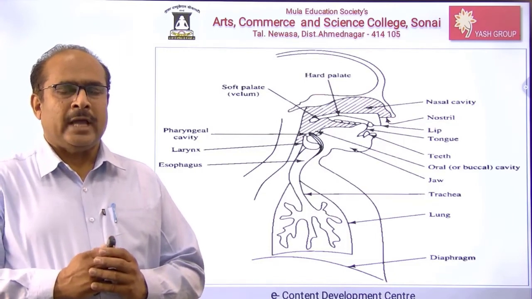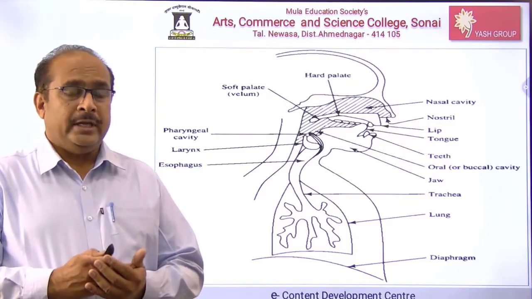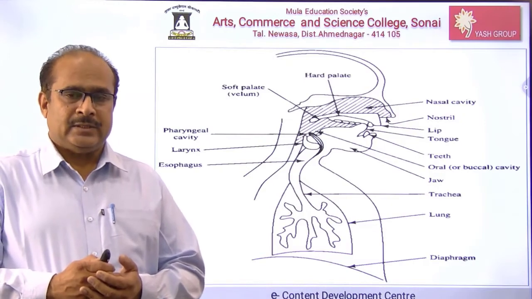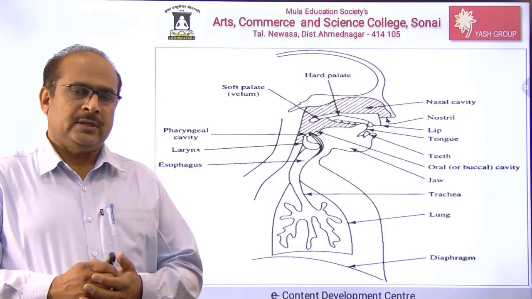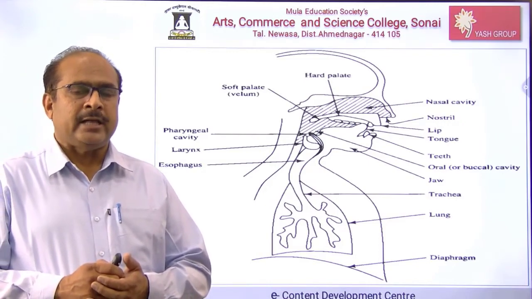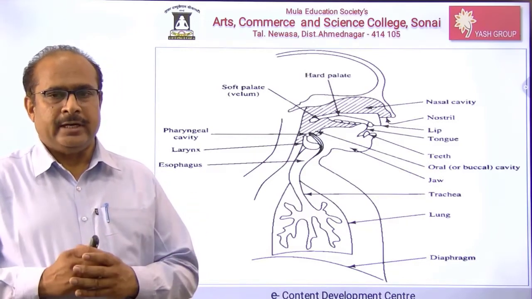Larynx is also known as Adam's apple. This part of our body is called Adam's apple, or larynx, where we find two thread-like elements. They are called vocal cords, and vocal cords are like threads. They are tied at one side and separate at the other ends.